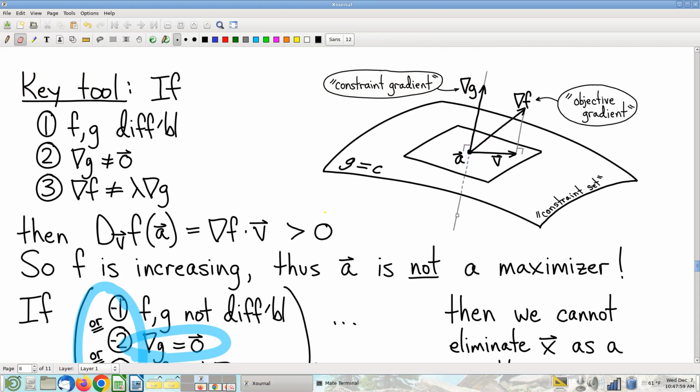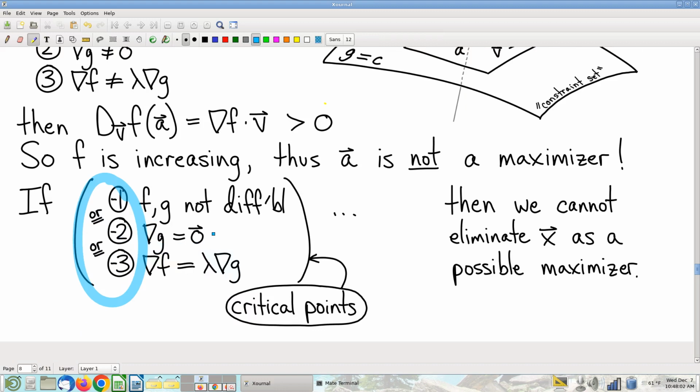And the last is if the objective gradient is a multiple of the constraint gradient. There's that double negative again: not a multiple, aka when it is a multiple. If any one of these three things happens, we call them critical points. We can't eliminate that as a possible maximizer, and so we have to check it later.